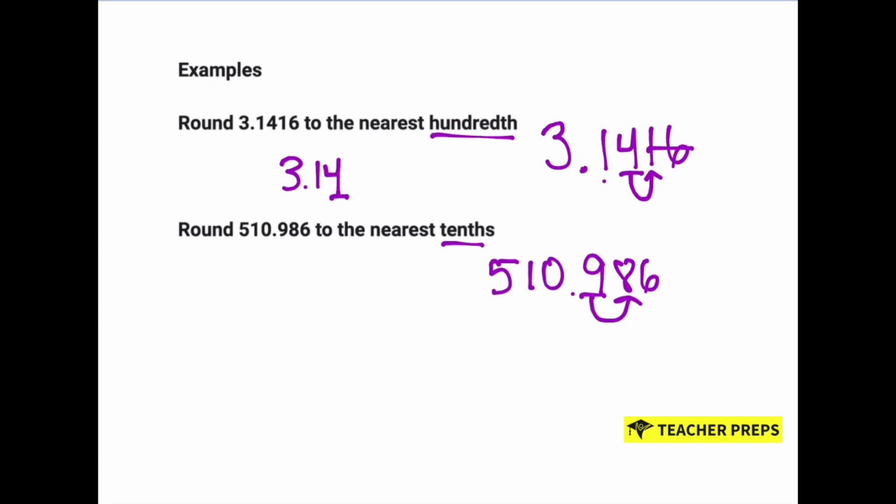So since we have a 10, the 9 becomes a 0, and we have to bring that 1 over to the ones position that has a 0 in it. The digits after the underlined number don't have to be written in our answer. So our final answer is 5.1. We add the 1 and the 0 to make 1, and then we have our decimal and 0. Again, the last decimal place we see is in the tenths.